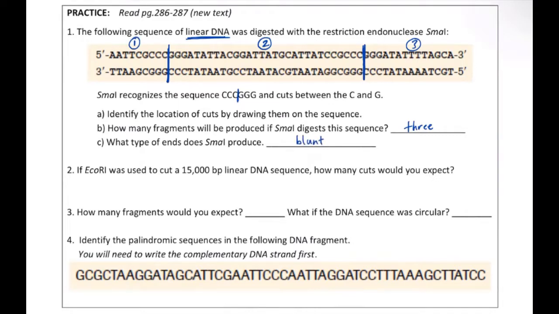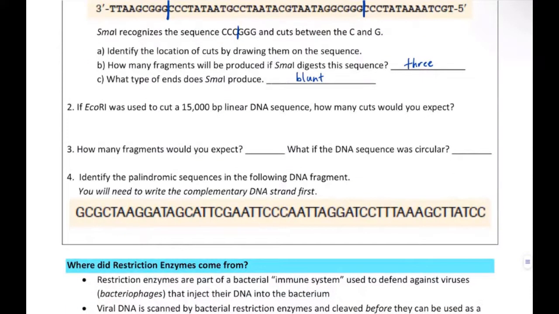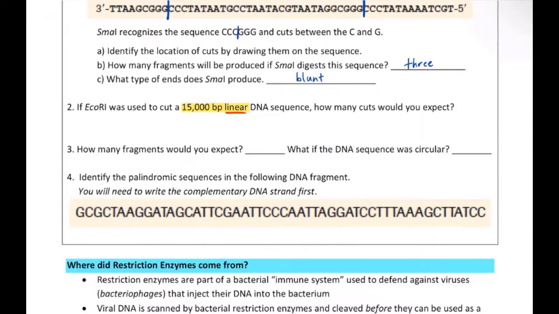This is also like one of your test questions. It's a slightly different question, but here's an important piece of information. If EcoR1 was used to cut a 15,000 base pair linear sequence, and linear is a very important piece of information, then how many cuts would I expect? We have to go back and see what EcoR1 is. I don't really care what the actual sequence is. I care how many bases are in the sequence.